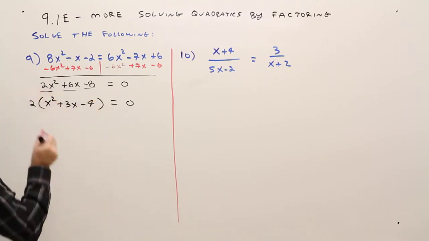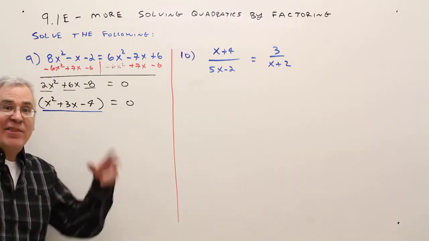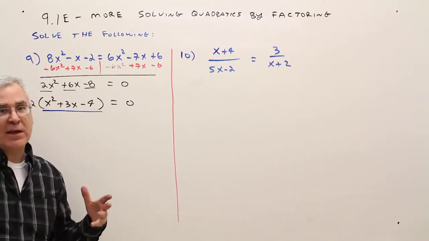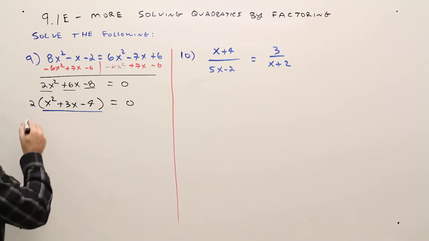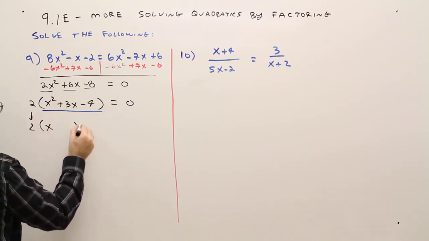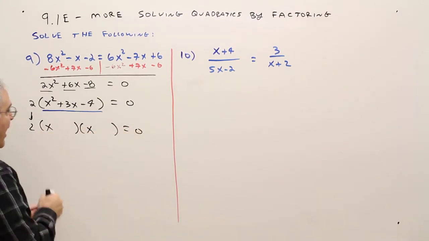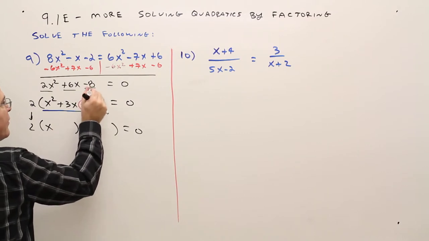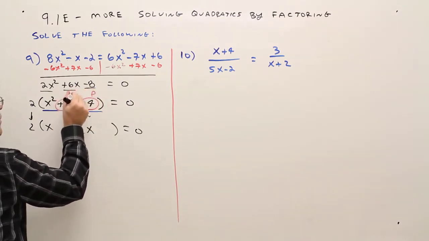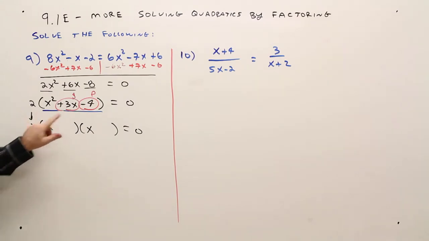Okay, so now what I want to do is see if I can factor that and then set those chunks equal to 0 just like I did before. Okay, let's not forget to bring the 2 down. My template will be x, x, something equals 0. And again, two numbers that have that product and that resultant sum. All right.